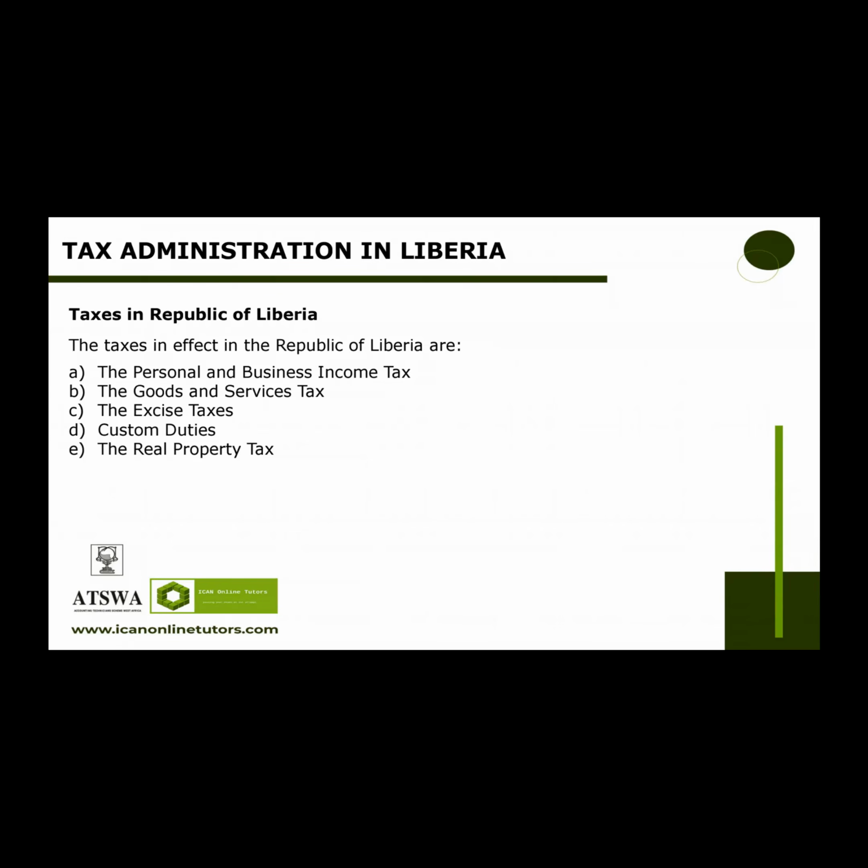If you have between 200,000 and 800,000 Liberian dollars, you have 6,500 Liberian dollars plus 15% of the money to pay. And likewise, for anything above 800,000 Liberian dollars, you have 96,500 Liberian dollars to pay plus 25%.